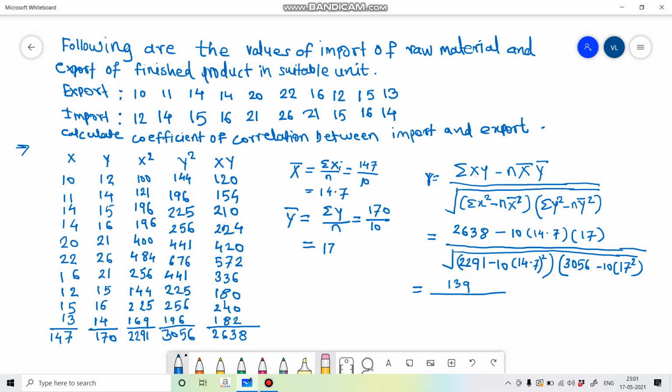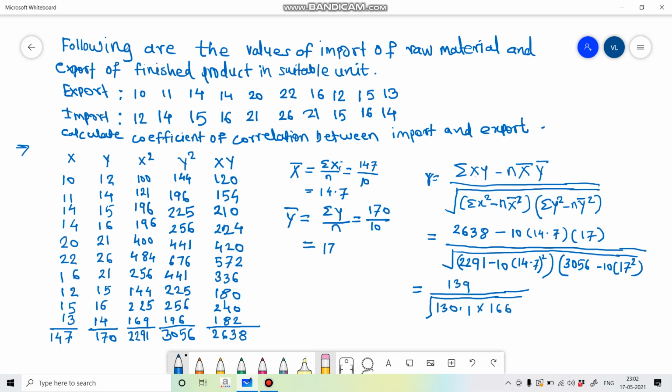So we get here 130.1. And in the other bracket, 17 square multiplied by 10, subtract from this value, and we get 166.